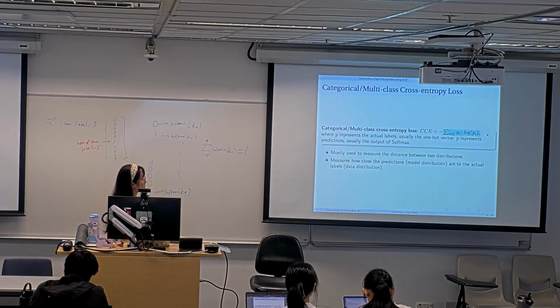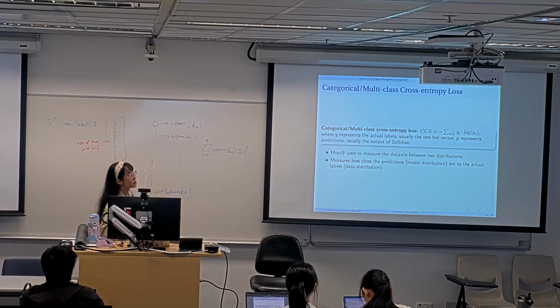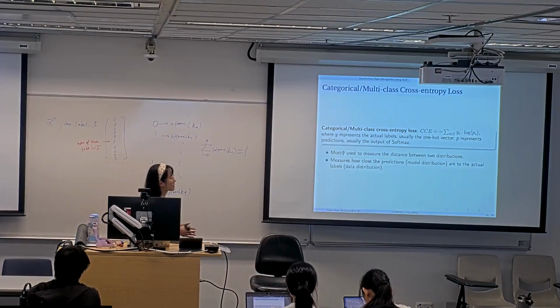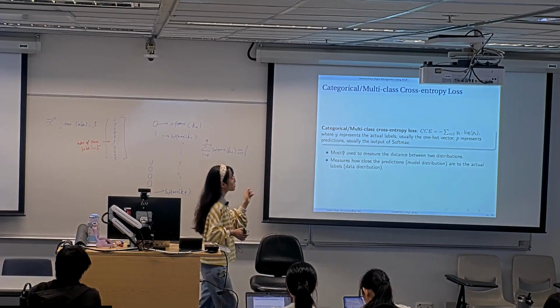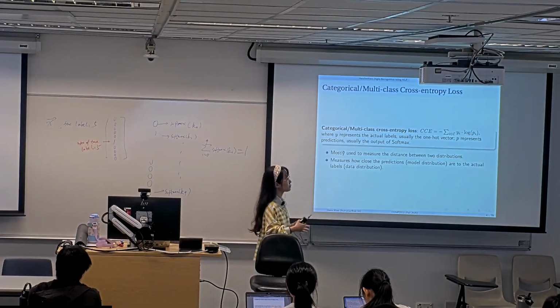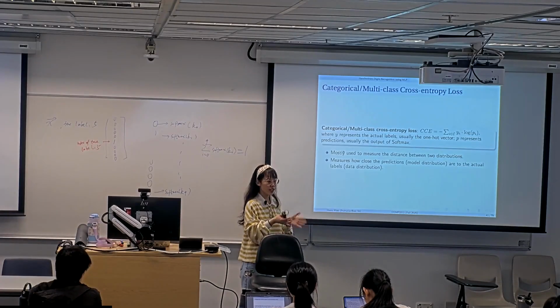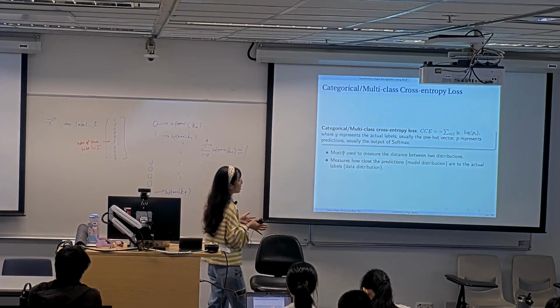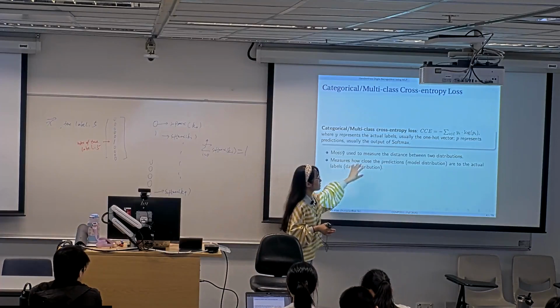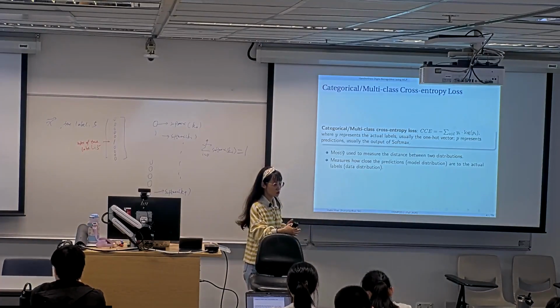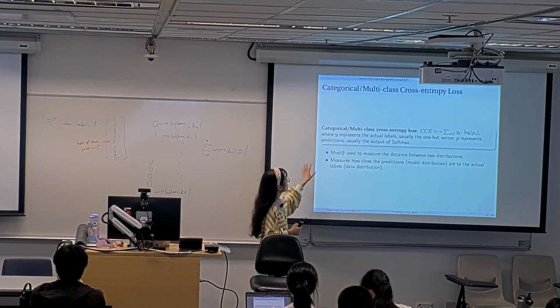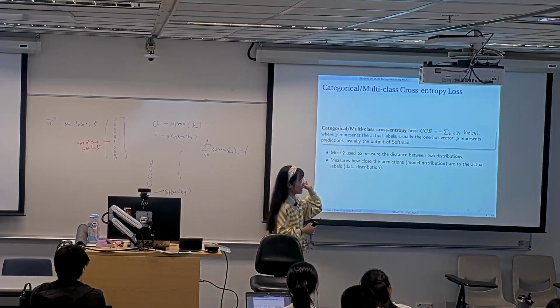This cross entropy loss is actually a very general concept in statistics. It is mostly used to measure the distance between two distributions. If we have two distributions, we can define the distance between them, and it's usually defined using this cross entropy loss.